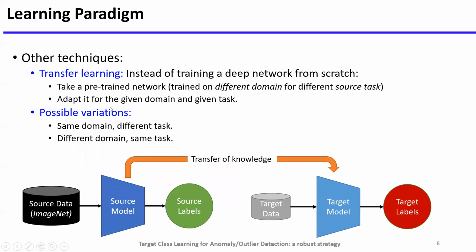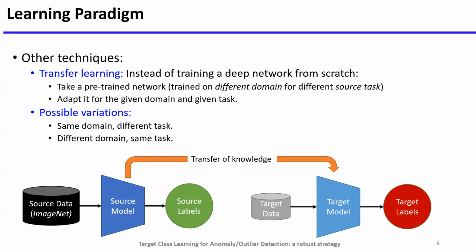So transfer learning is one example of the deep learning models where we avoid learning from the whole scratch, but we try to utilize pre-trained models. Pre-trained models may be of the same domain or of a different domain, and we try to adopt them for the present domain and the given task.